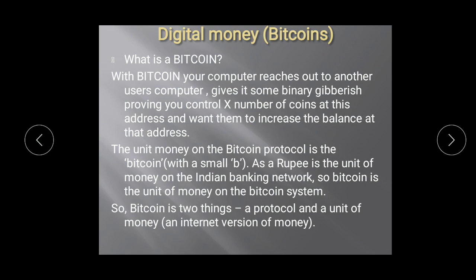So it will first identify the computer, giving it an encrypted binary value to control X number of coins, saying this amount has come from this sender, kindly increase the balance of your account at that address.